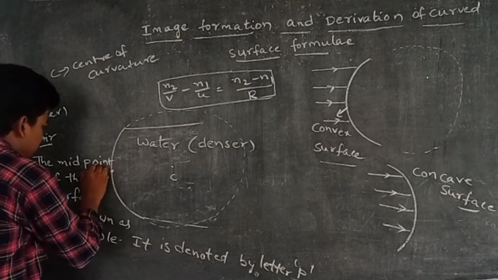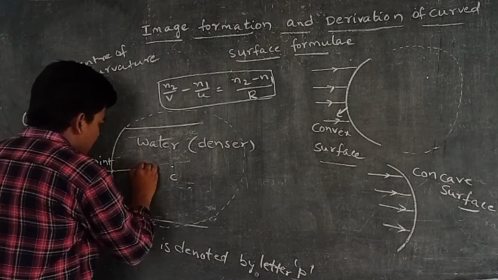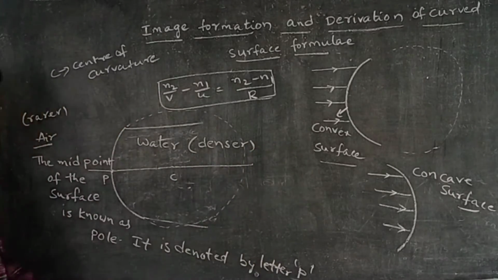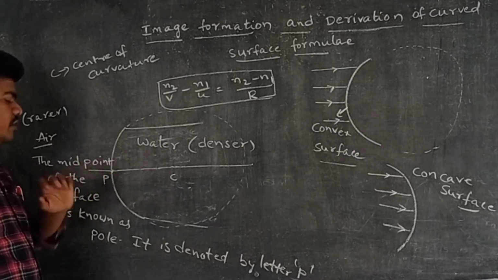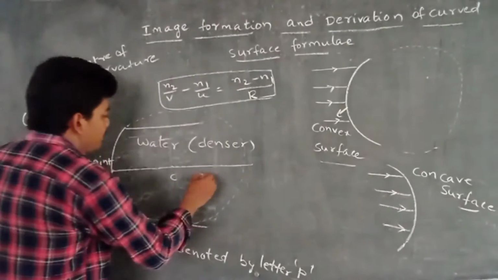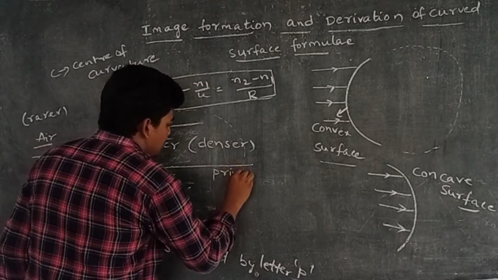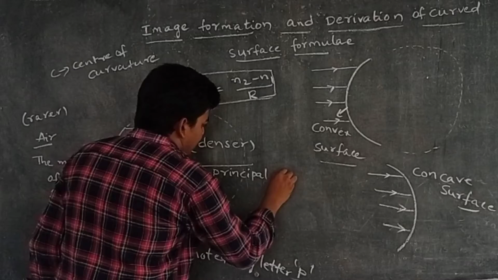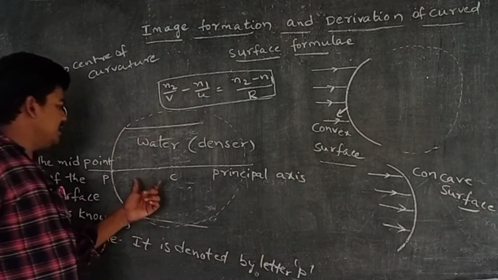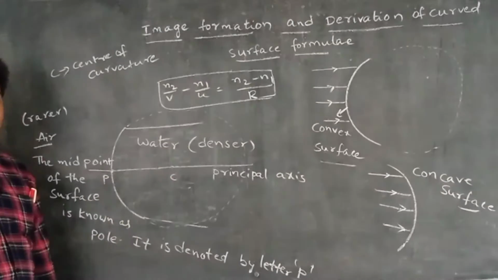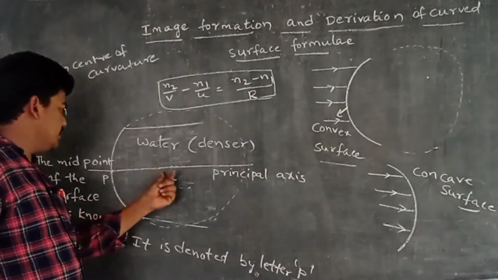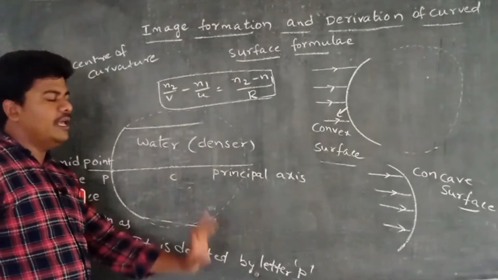The line that joins the points P and C, that is, the pole and the center of curvature, is said to be the principal axis. What is this? Principal axis.